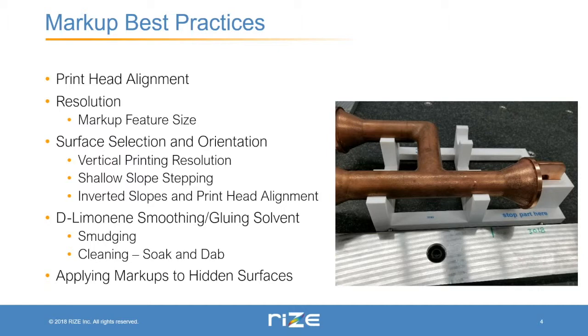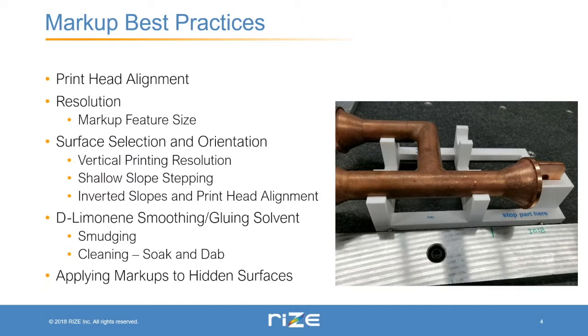So the D-limonene is able to partially dissolve the surface of the part, and this allows it to sort of weld pieces together when gluing, and that's also what allows it to smooth the surface if that's what you intend to do with it.